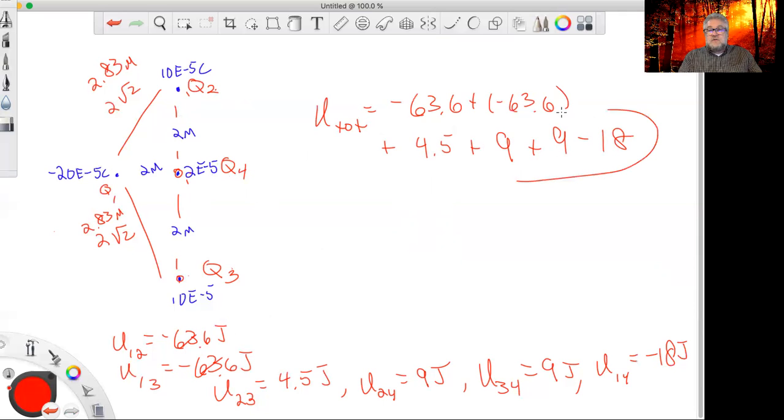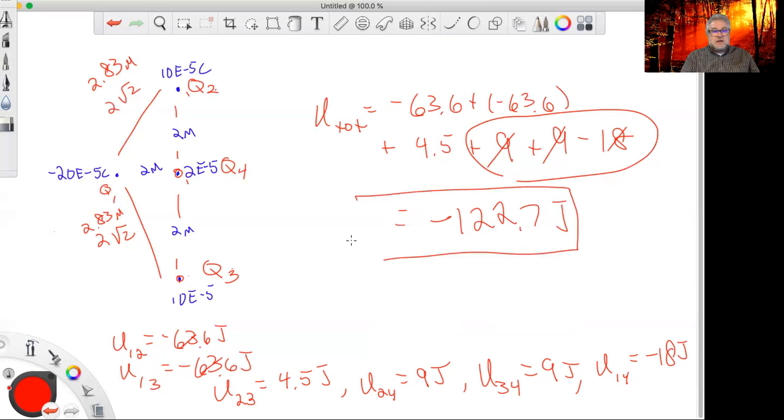And let's see, these will cancel, right? 9 and 9 is 18. So if I do the math now, 63.6 times 2, because I got 2 of them, I end up with negative 122.7 joules. I'm betting, Hannah, that is the answer to that homework problem.